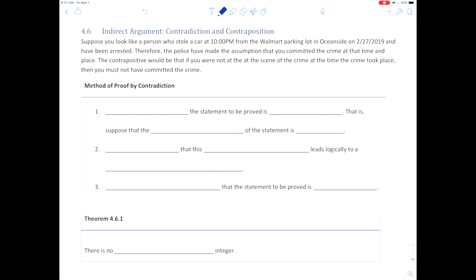Method of proof by contradiction. What you want to do is suppose or set it up where the statement to be proved is false, right? So how do you suppose that? Well, you negate the statement. So you suppose that the negation of the statement is true.